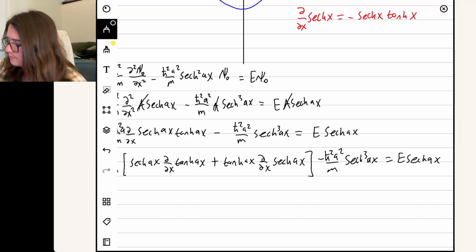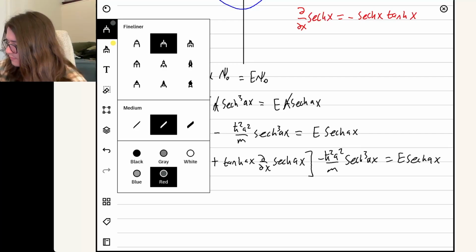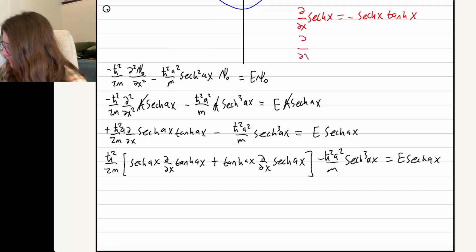Again, the derivative of tanh is not one that I knew off the top of my head, so I'll write it out. It's del x of tanh x is actually equal to sech squared x.